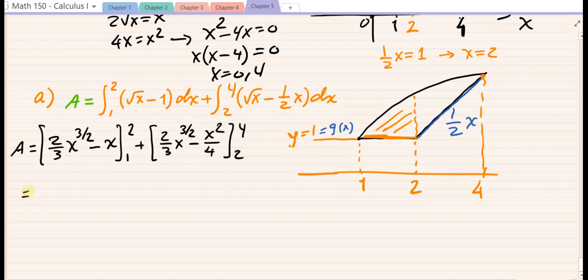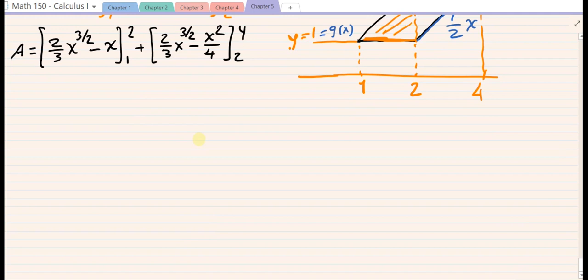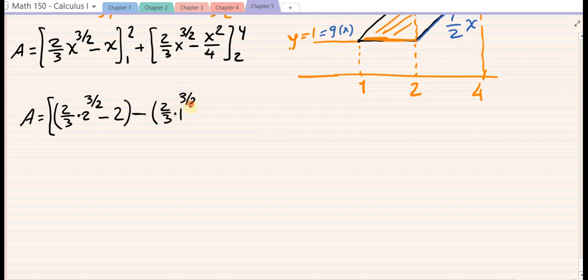And now, by the fundamental theorem, we're going to plug in the upper minus lower limits. I'm going to need probably a long line for that one. So the area is going to equal, for the upper limit, 2/3 times 2 to the 3/2 minus 2, minus, plugging in 1, 2/3 times 1 to the 3/2 minus 1.